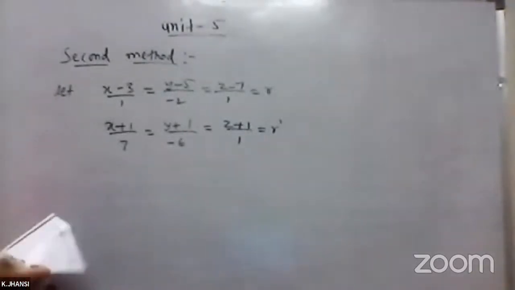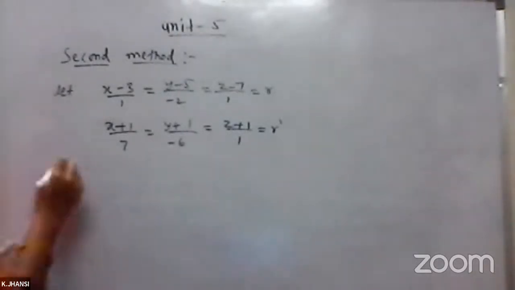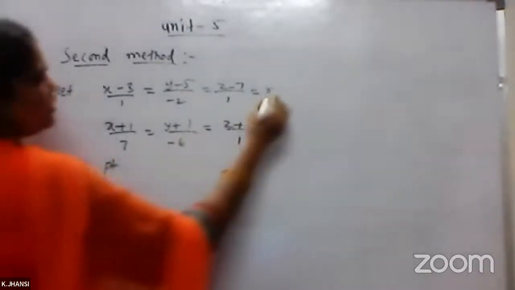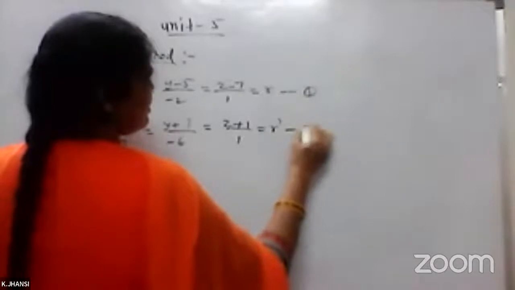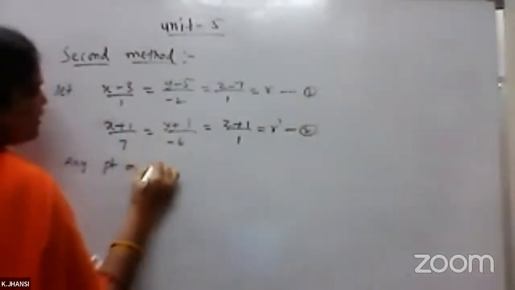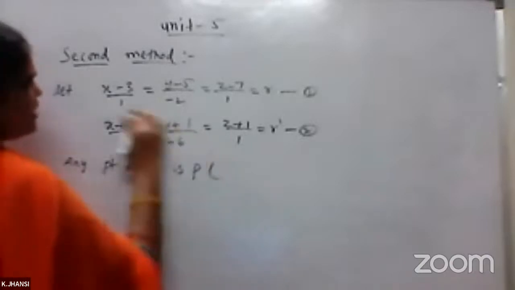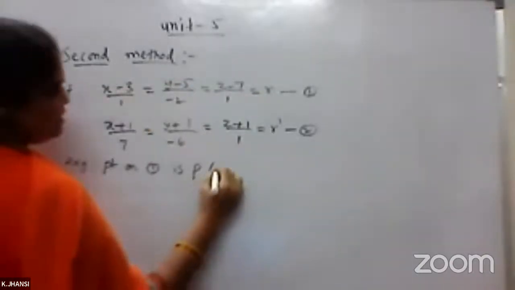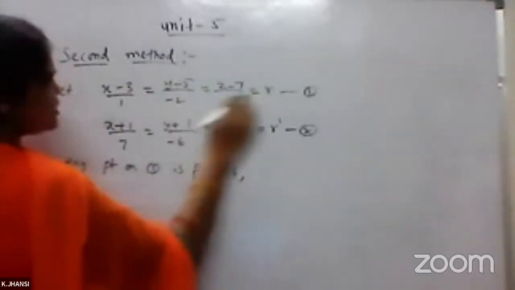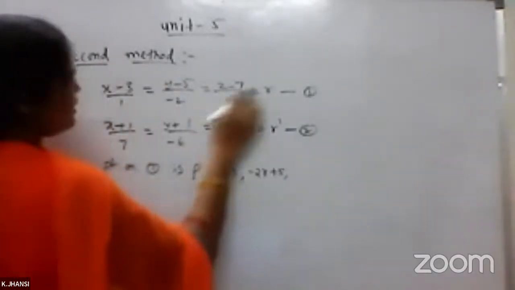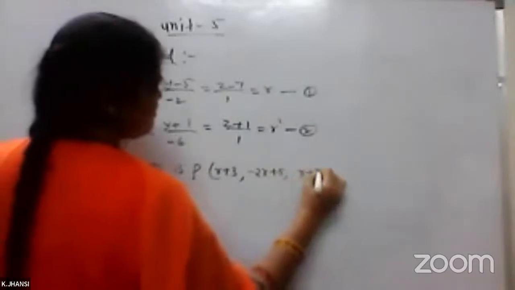Here you write any point on, you can write these as 1 and 2. Any point on line equation 1, if you take it as p, is r plus 3, next minus 2r plus 5, and r plus 7.